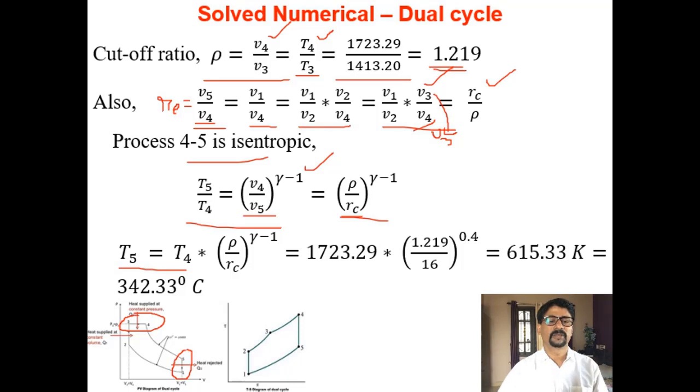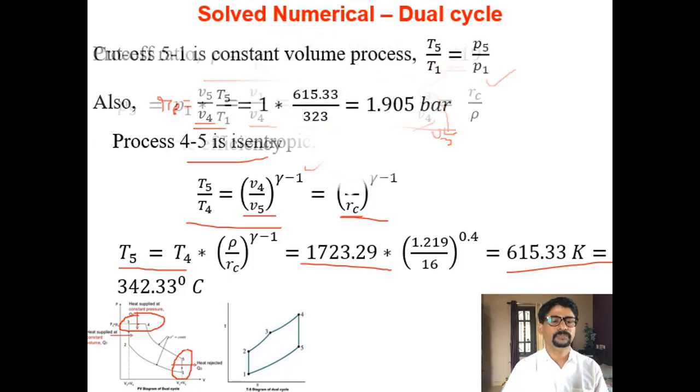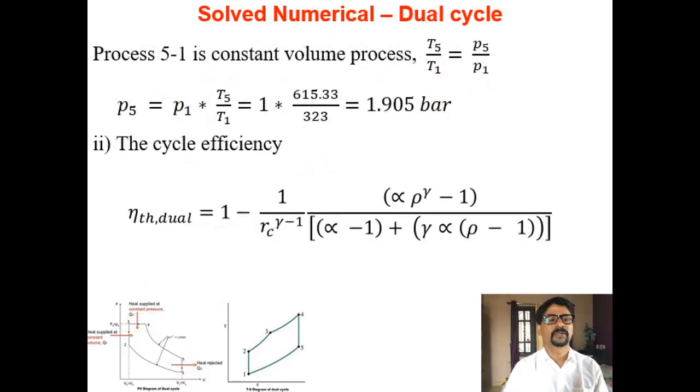Substitute for T4, rho, RC and gamma, so you'll get the temperature at point 5 as 615.33 Kelvin or 342.33 degrees Celsius. Now process 5 to 1 is a constant volume process, so you can write T5 by T1 is equal to P5 by P1. What you want is P5, so P5 is P1 into T5 by T1. After substitution and simplification, the pressure at point 5 is 1.905 bar.